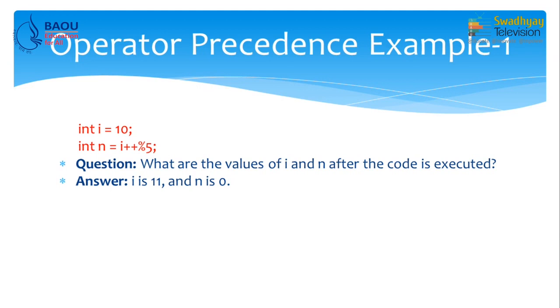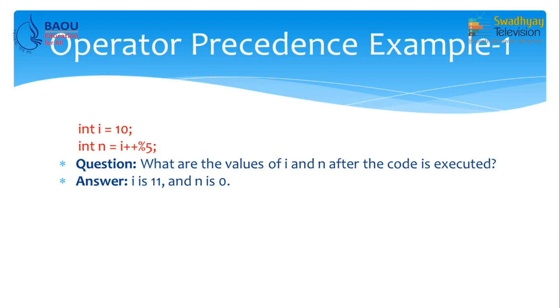Why? Now, we know that in case of the postfix increment operator, the value of i will be incremented by 1, but not used immediately. So, i is only 10, and 10 divided by 5 will give remainder 0.